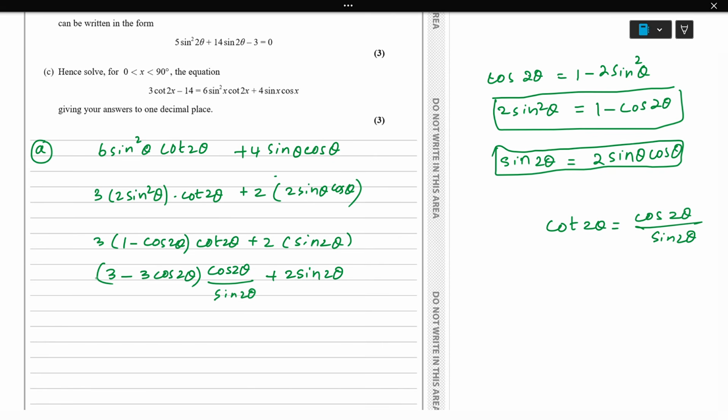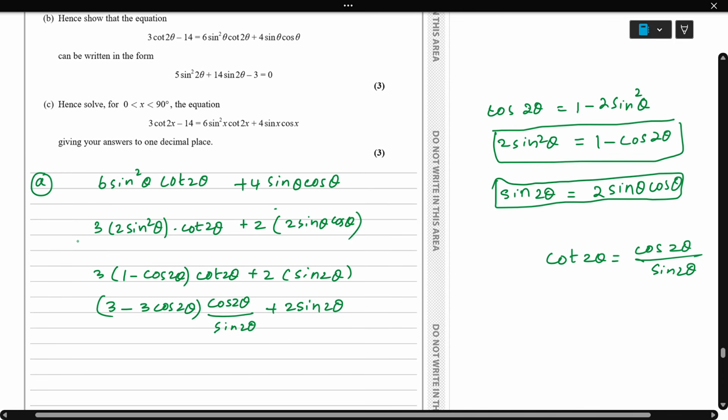So this is our result: 3 minus 3 cos 2 theta into cos 2 theta by sin 2 theta plus 2 sin 2 theta. So that's the first answer. Everything we have written in sin 2 theta and cos 2 theta.